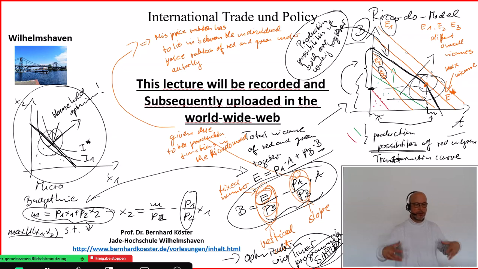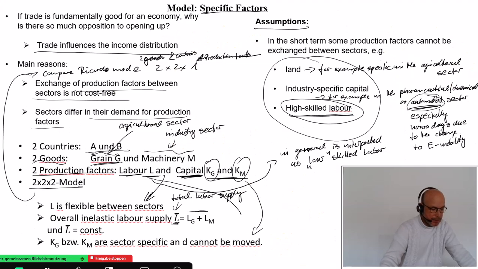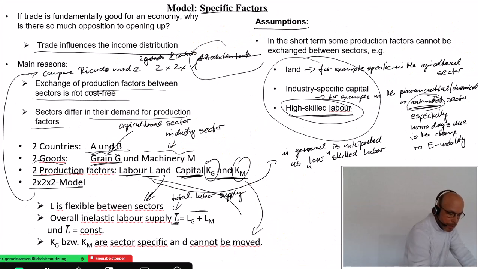of international trade. The first one was the Ricardo model, and now we have relaxed the assumption that we have only one production factor, since in a classical interpretation we have to assume constant returns to scale.